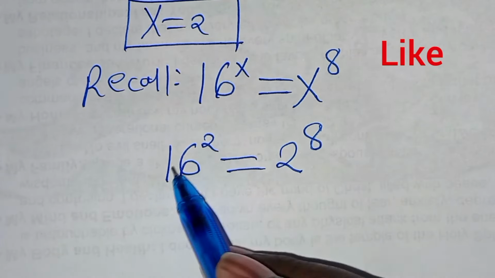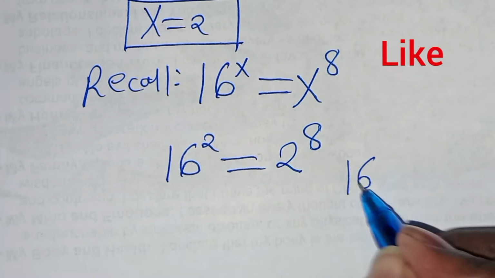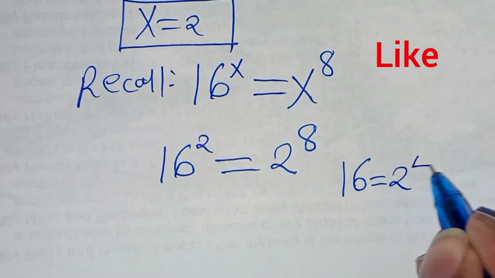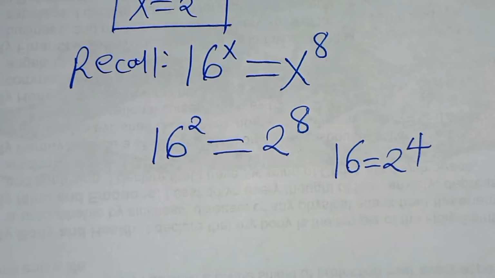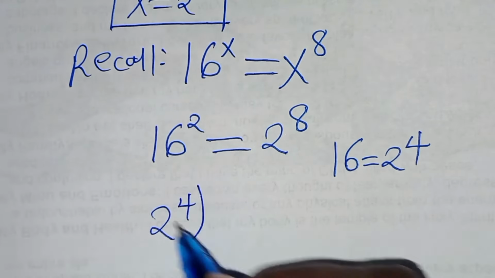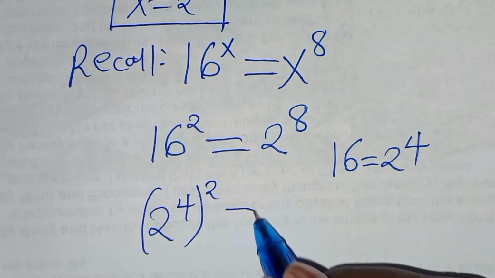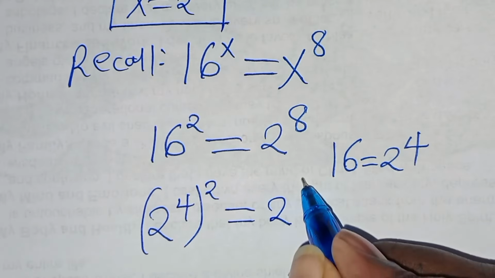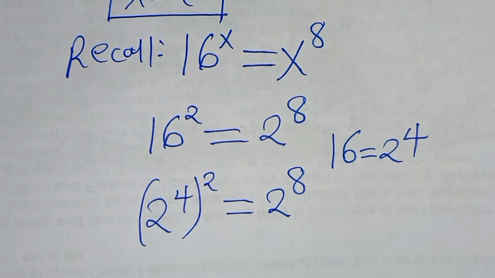In this case, we can express 16 as 2 to the power of 4. Substituting this here, we have 2 to the power of 4 raised to the power of 2 equal to 2 raised to the power of 8.